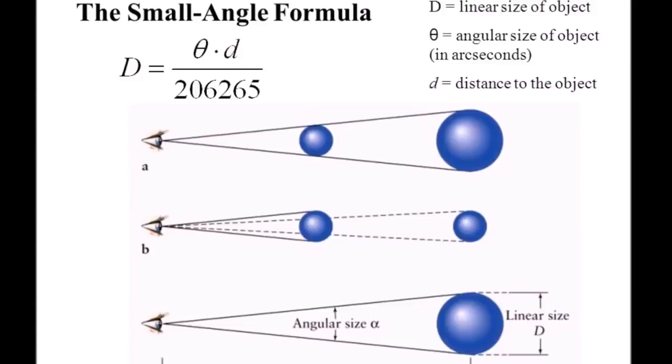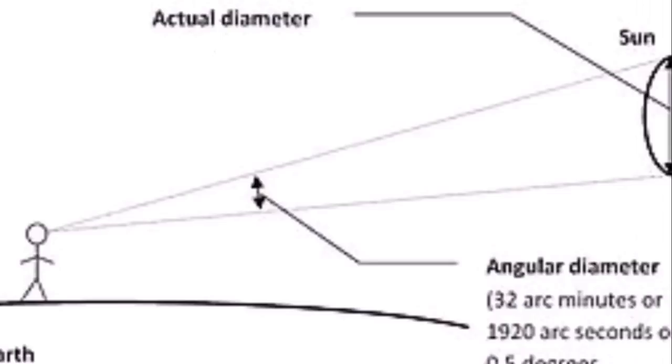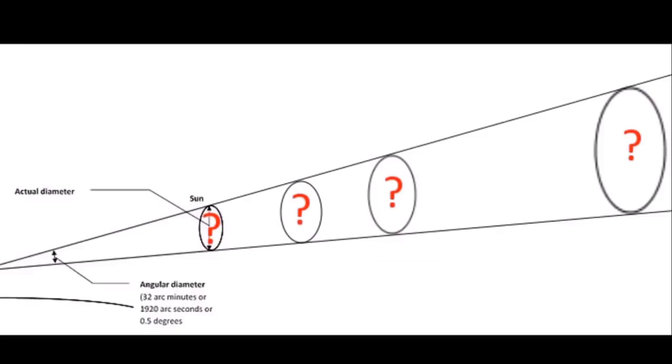And they claim the sun is 864,575 miles in diameter and 93 million miles away. You see, both measurements are correct based on the angle we see from Earth.